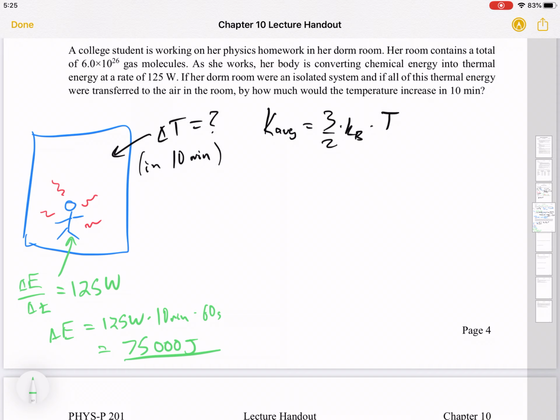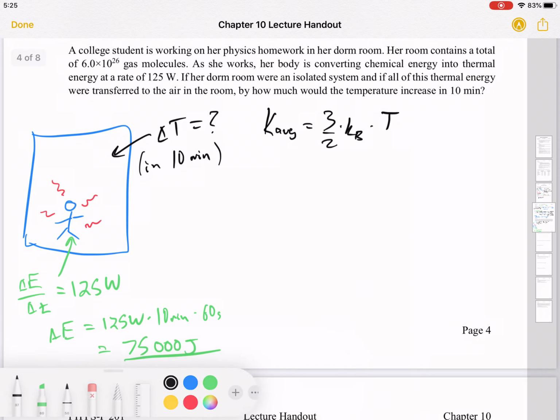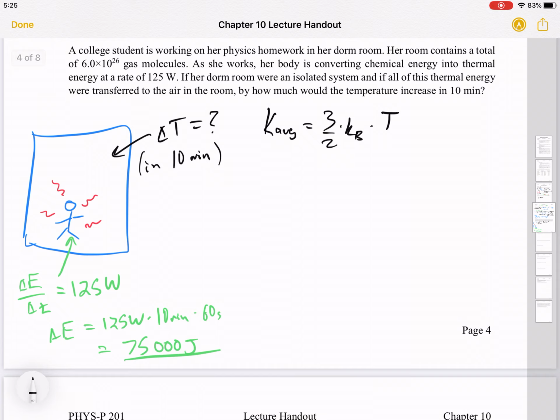So that's a change in the total thermal energy of the room, but I don't have an expression for the total thermal energy. But look, K average is the thermal energy of a single molecule in the room. Remember, the definition of average is what you get when you find the sum and divide by the total. So K average is total energy divided by the number of things. So what if I just multiply the N to the other side?